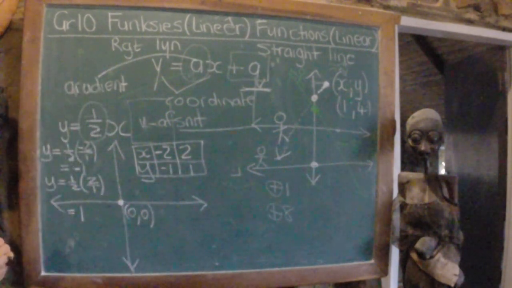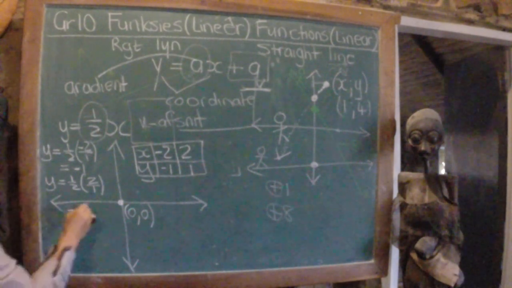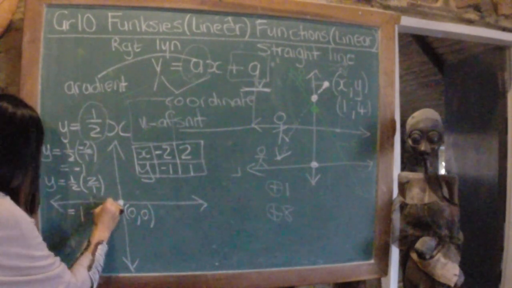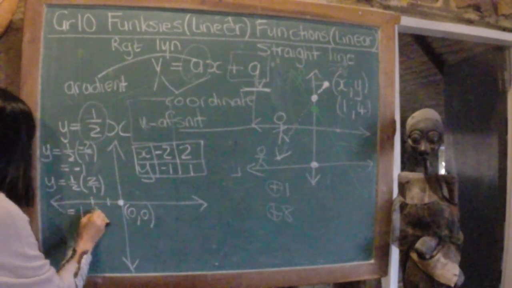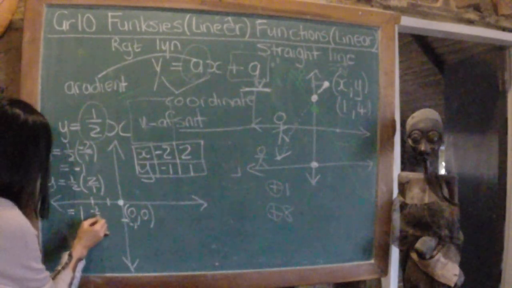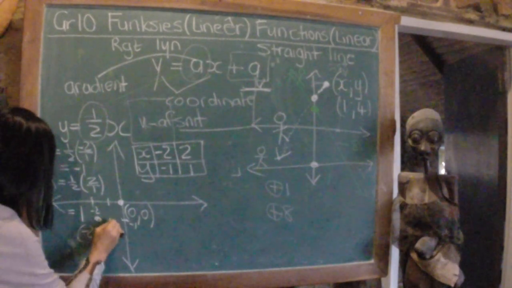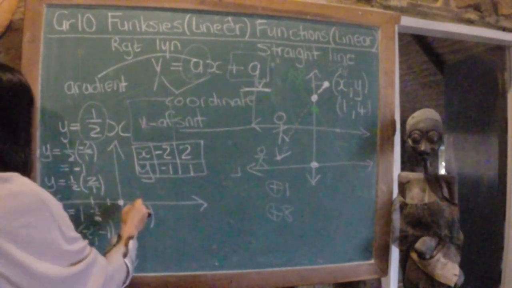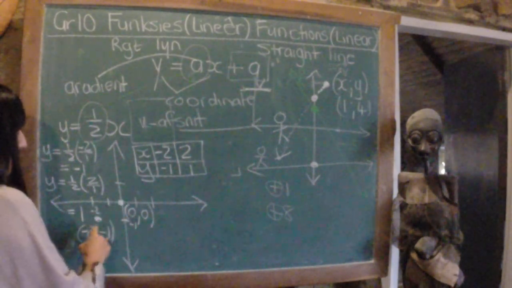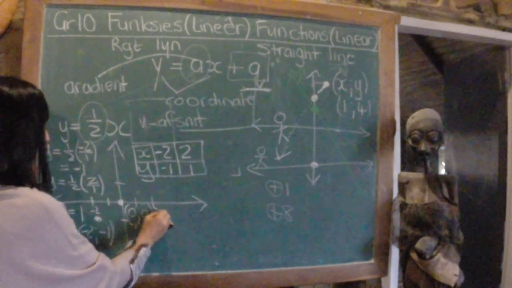So now I've got 2 coordinates. Let's put it on the Cartesian plane. Ek het vir minus 2 op my x-as. Minus 1, minus 2. En ek het vir minus 1 op my y-as. So there's my coordinates. Skryf hom by. Minus 2, minus 1. Let's do this one. 1, 2 and 1. So ons het 2, en die y-waarde is 1.